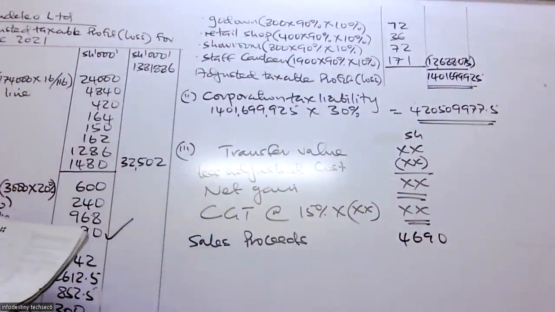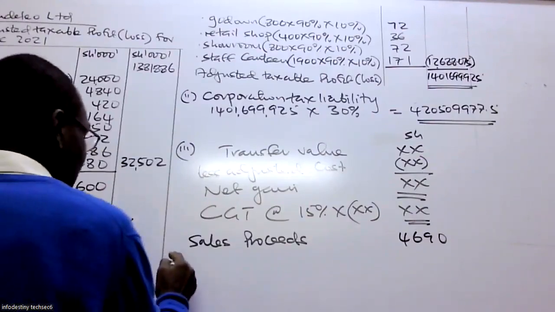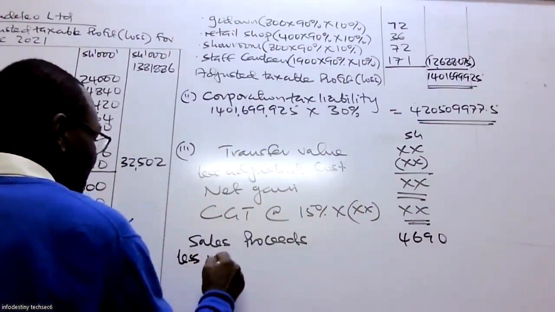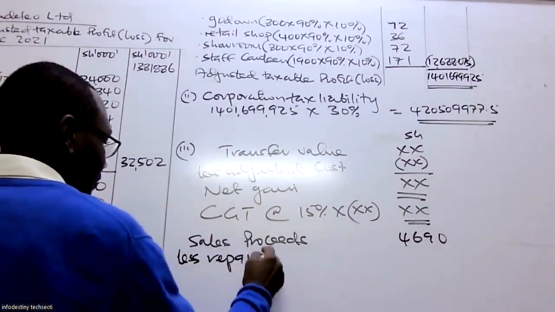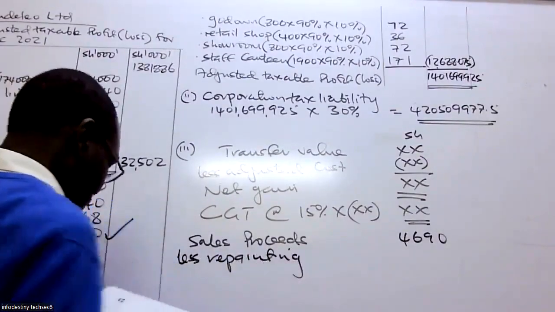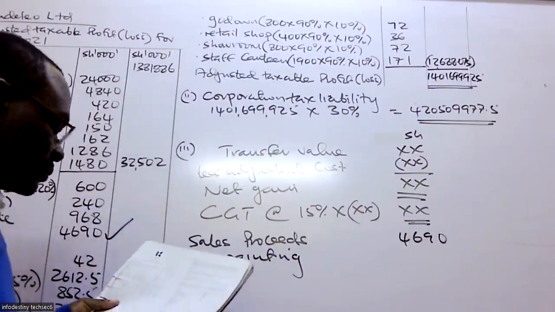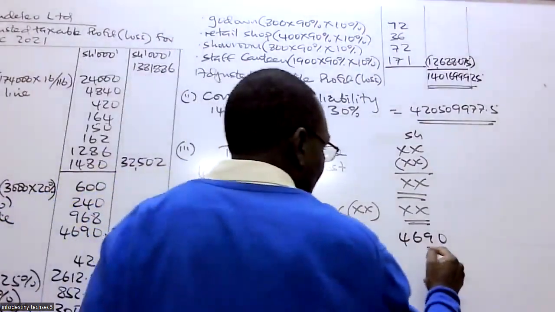From the sales proceeds, we'll lessen repainting and we'll lessen revaluation for disposal. They had to repaint in order to sell. So repainting cost is 75.